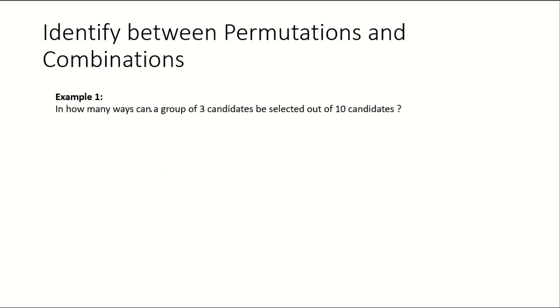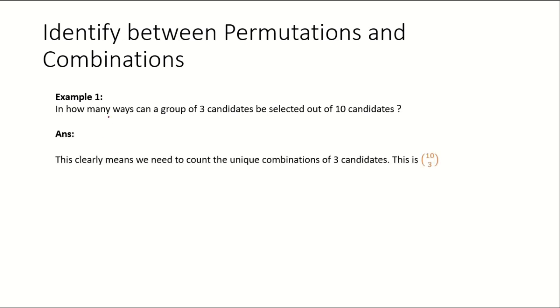Take example 1. In how many ways can a group of 3 candidates be selected out of 10 candidates? This is a simple question of combinations. All we have to do is count the unique combinations of 3 candidates, right? So if the candidates are A, B, C, D, E, and so on, then A, B, and C could be the 3 candidates selected, or it could be B, C, E, the 3 candidates selected, right?